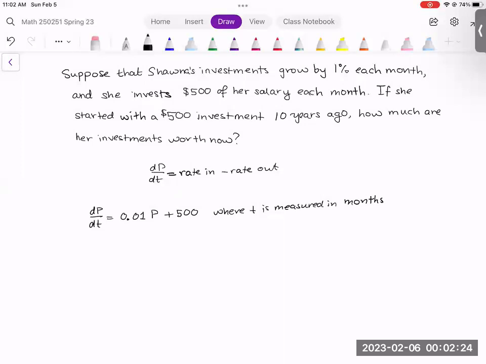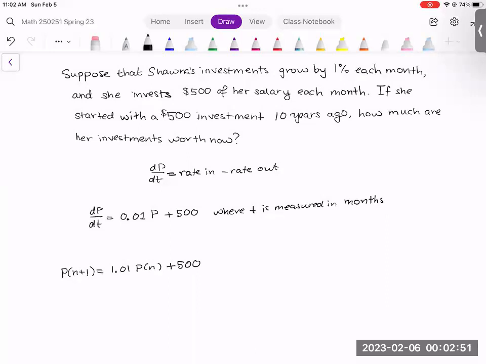Okay. If that makes you a little uncomfortable, we could also build this using that difference equation model. So thinking of having P of n plus 1, how much she has in month n plus 1, as 1.01 times what she had in month n, plus that additional $500.